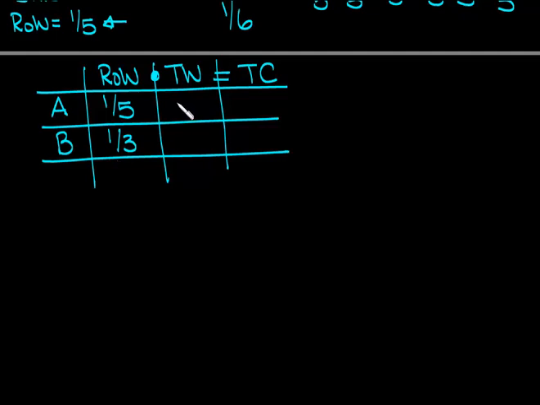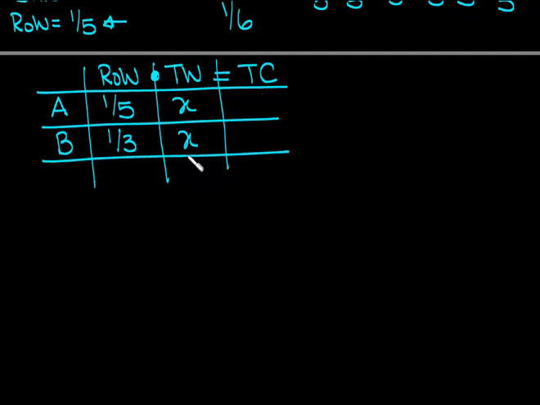We don't know that time, so let's call that x. x is the time that machine A was working, and x would be the time that machine B was working, because when they stopped, they both worked for the same amount of time.